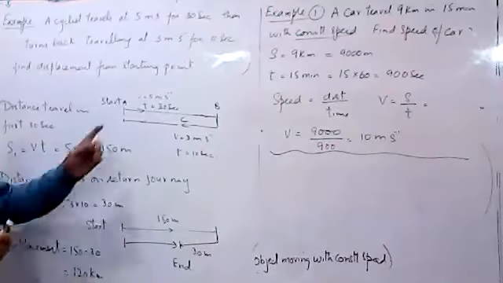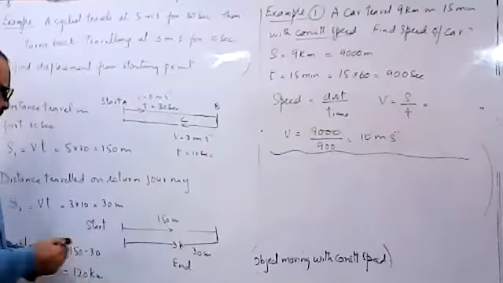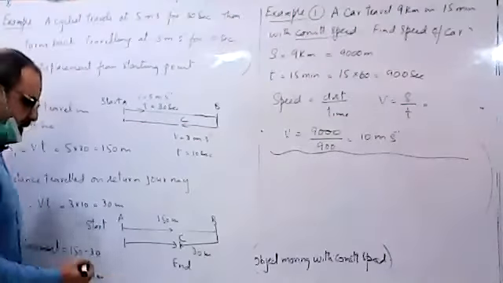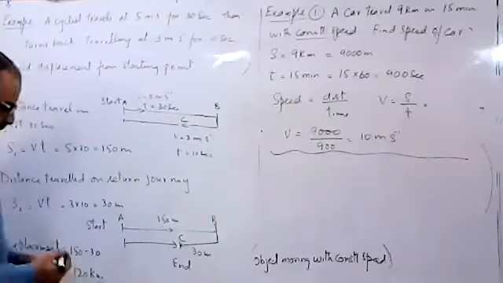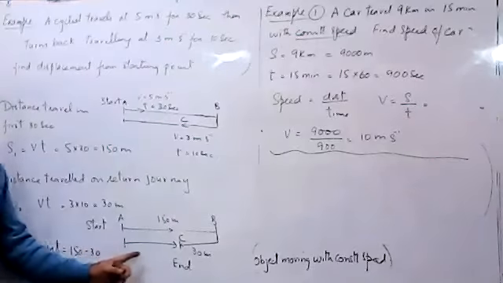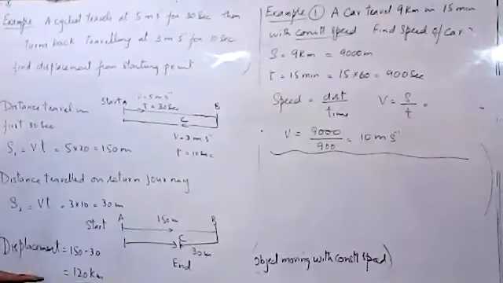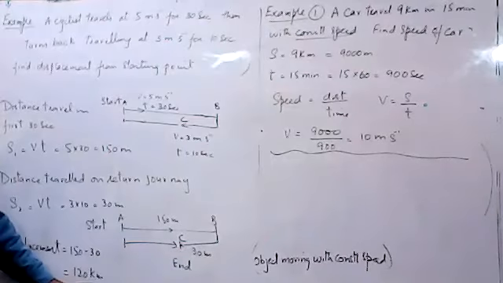So I have calculated this distance, forward distance from A to B and then B to C, 30 meter. My displacement is the shortest distance always from the start point to the end point. So the displacement is 120 kilometer.